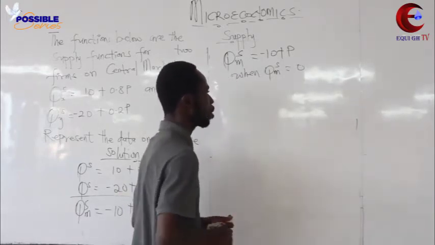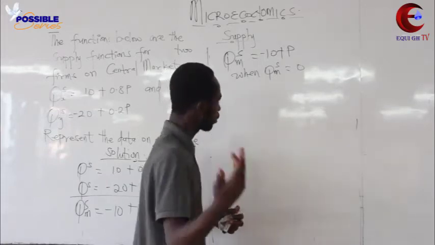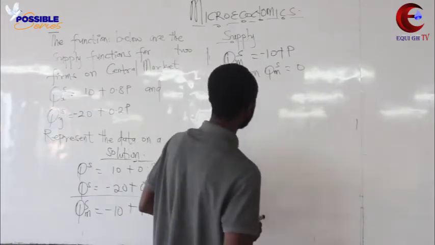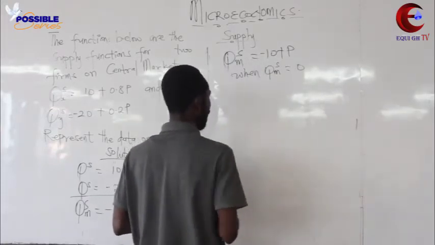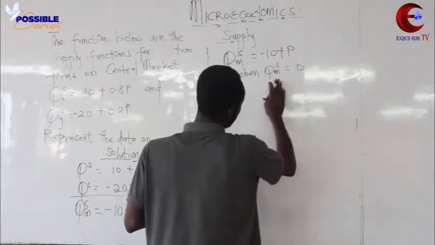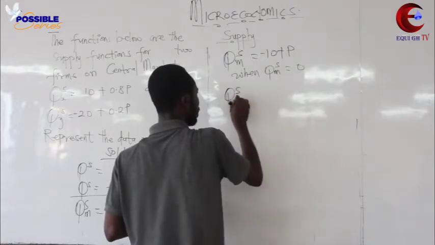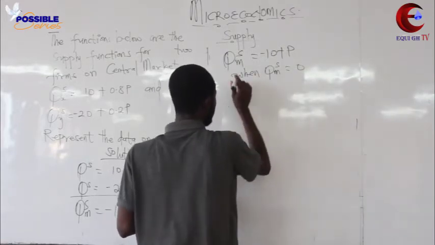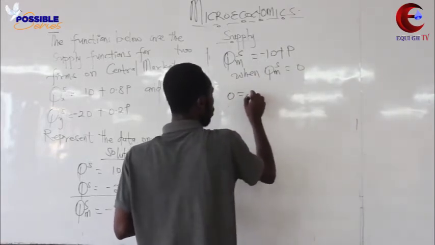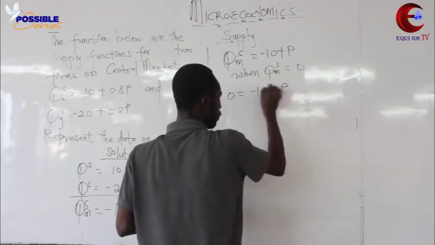You can do them interchangeably, and there will be no room for them to penalize you. So quantity supplied is equal to 0.